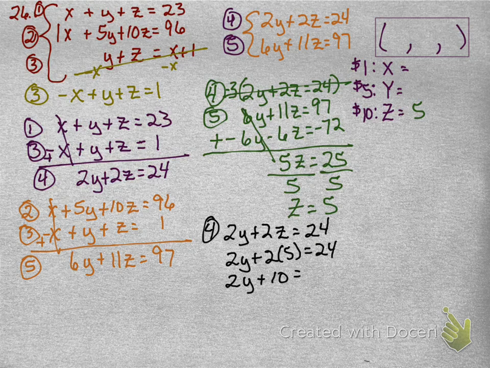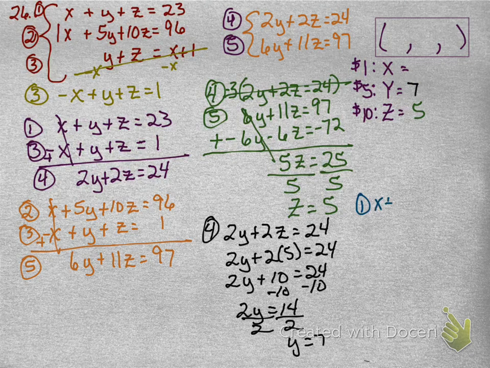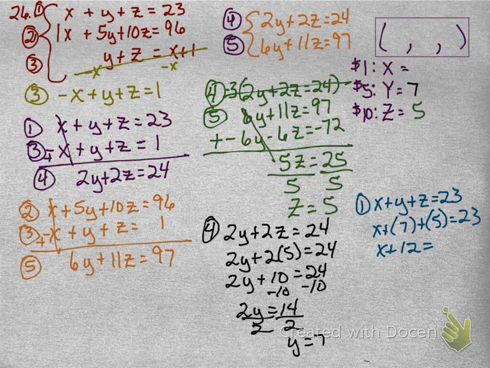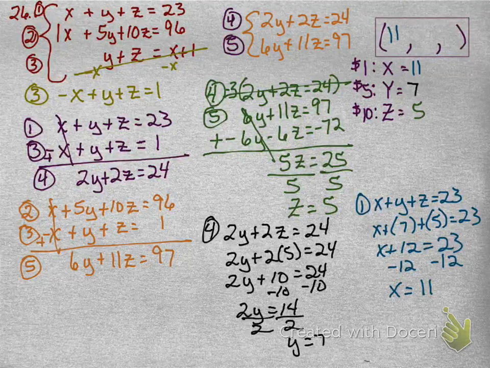That gives me Y is equal to 7, which means I have 7 $5 bills. Then I'll plug Y and Z into equation 1, which tells me that I have 11 $1 bills.